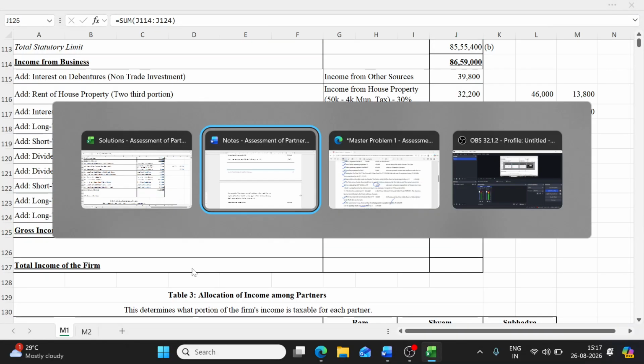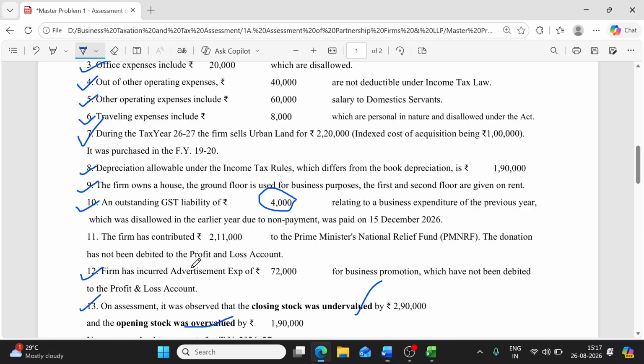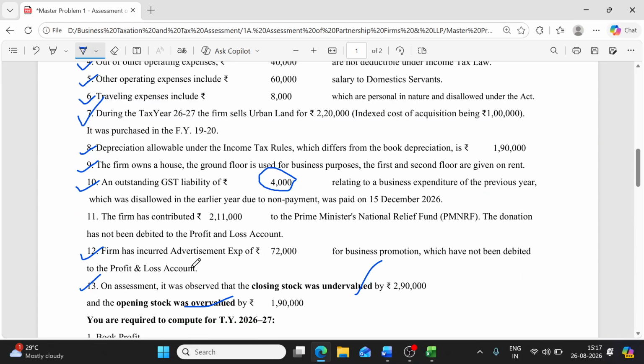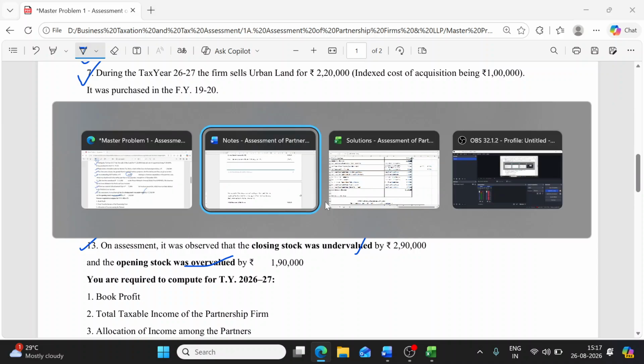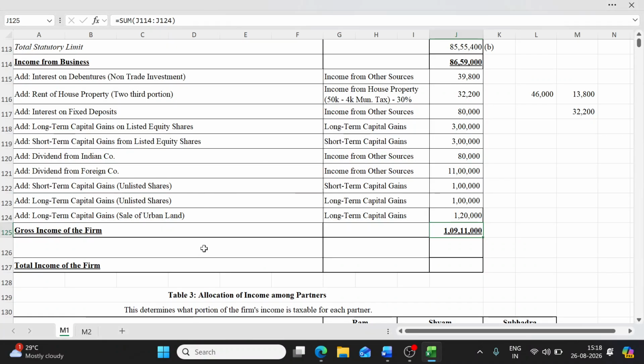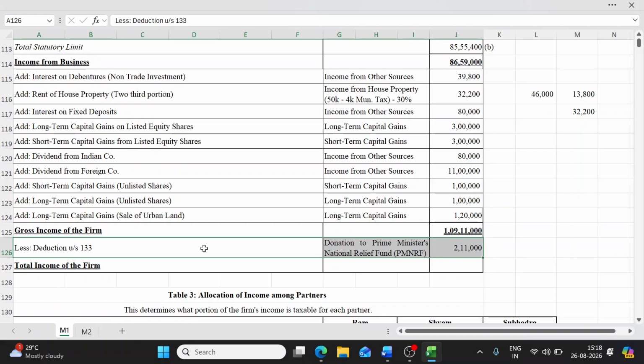In the problem, adjustment number 11 says this firm donated rupees 2,11,000 to the PMNRF fund, and 100% exemption can be claimed under section 80G. So from the gross total income, deduct this 2,11,000.